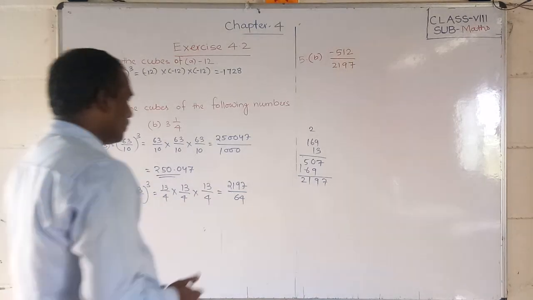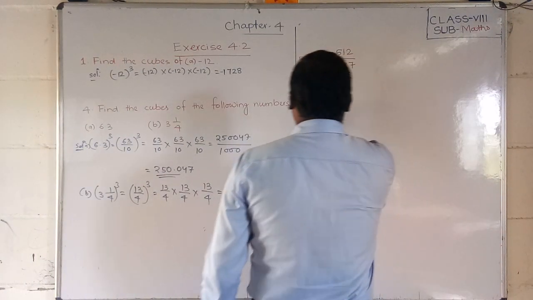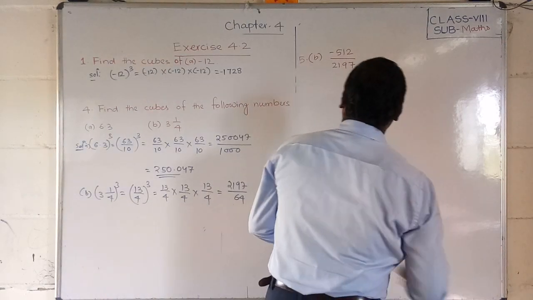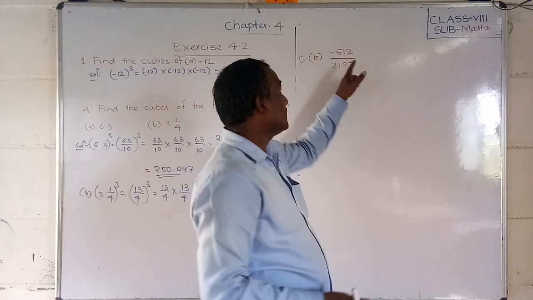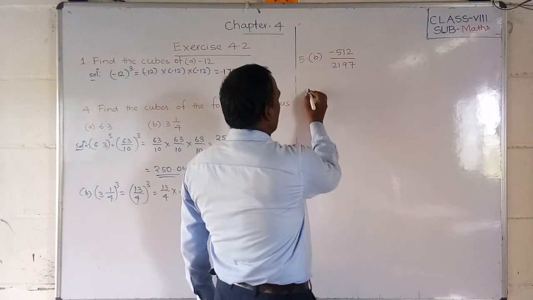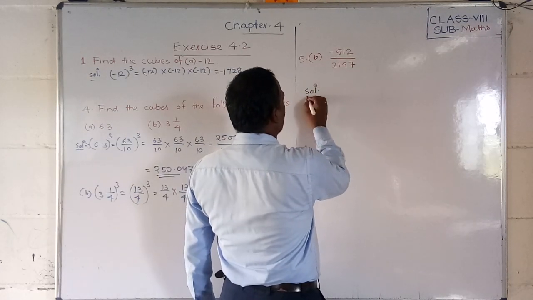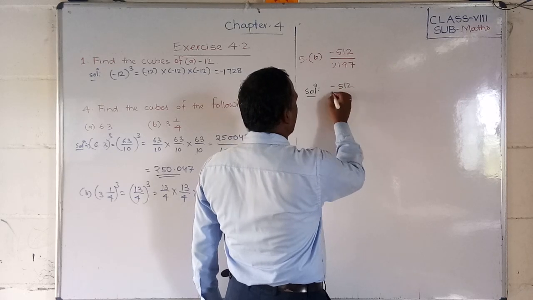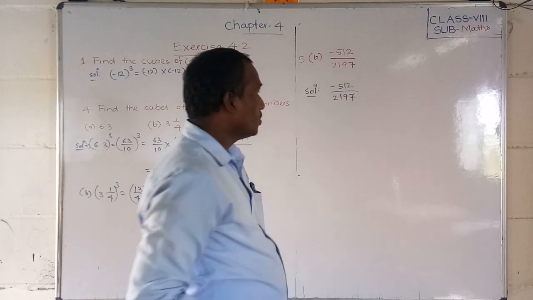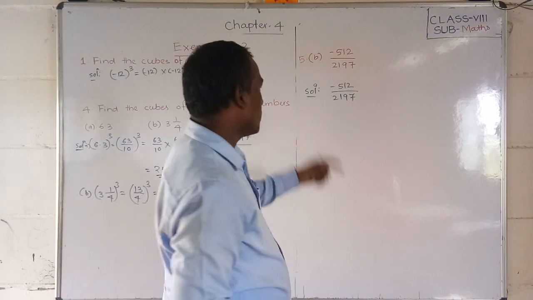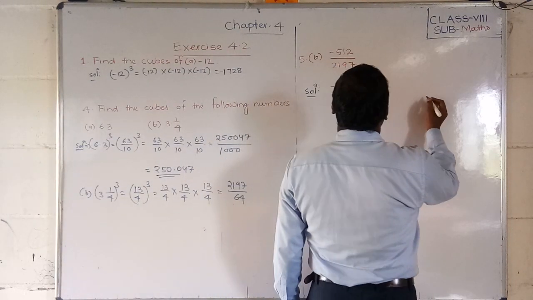Okay friends, next we will go for the fifth bit, part B, which I have written here. Observe, we have to find which number's cube this is. So for the solution we write minus 512 by 2197. Which number is it?